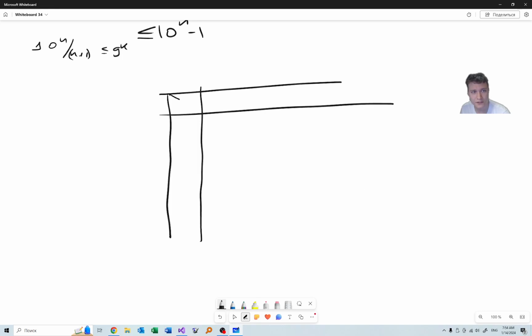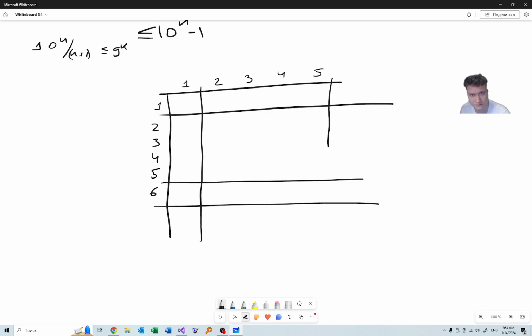Okay, so in the first number, there can be 1, 2, 3, 4, 5 digits. Easy to see that it can be 6. Here also we have 1, 2, 3, 4, 5, 6. 6 is impossible, no. We will not use 6.